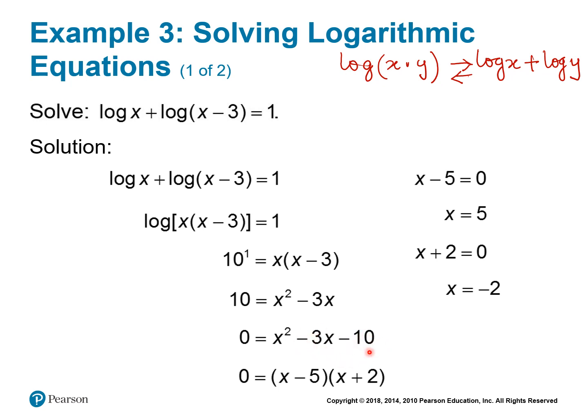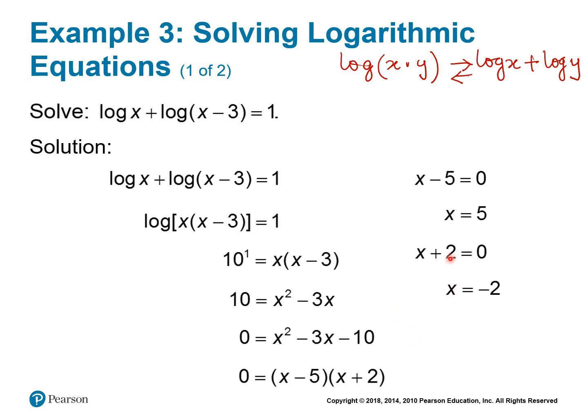The factors of negative 10 that would add up to a negative 3 are negative 5 and 2. So we have it in factored form here as x minus 5 and x plus 2. And then we make each factor equal to 0 and solve for x. All right.